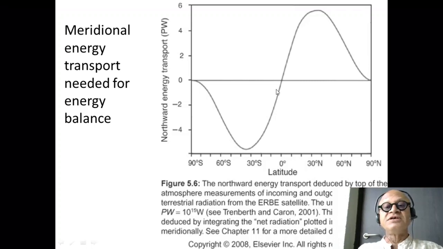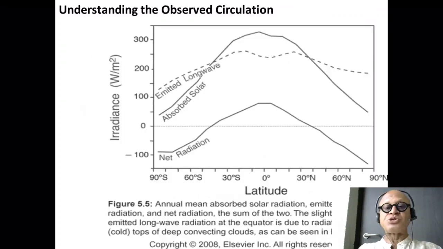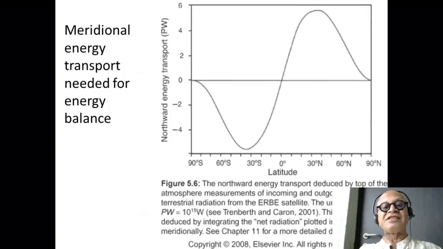Okay, so there is a symmetric energy transport towards the poles in both hemispheres to balance this net energy gain and loss, energy gradient. Nature does not like energy gradients, right? So it wants to flatten them out by moving energy.